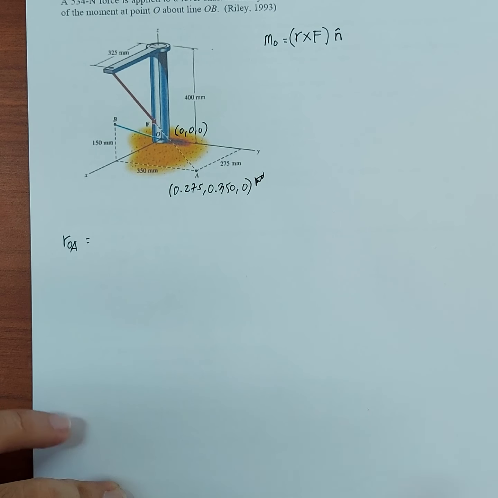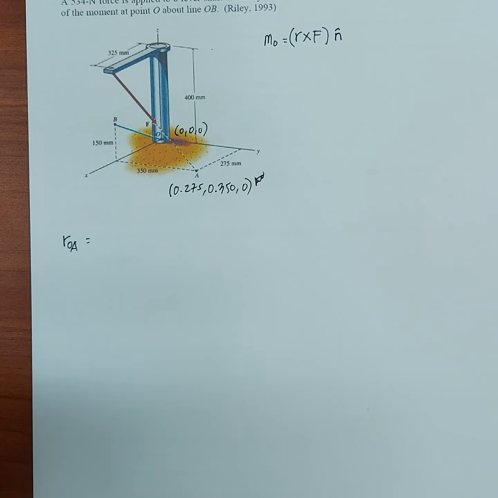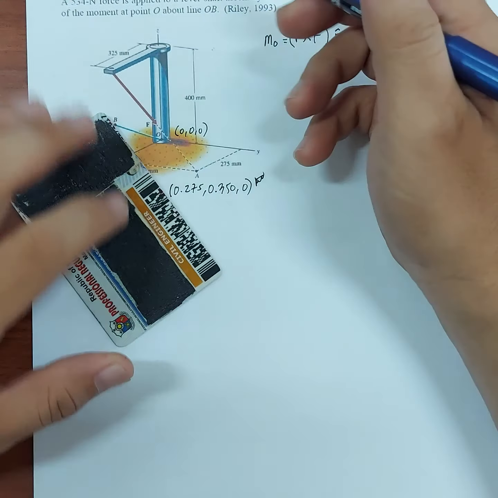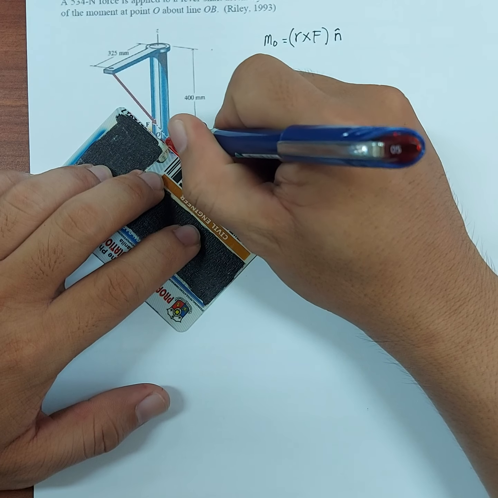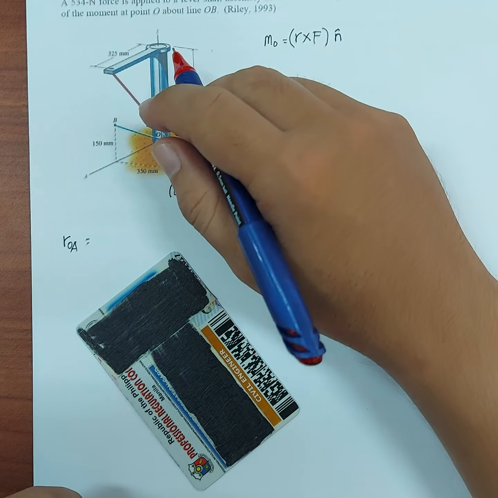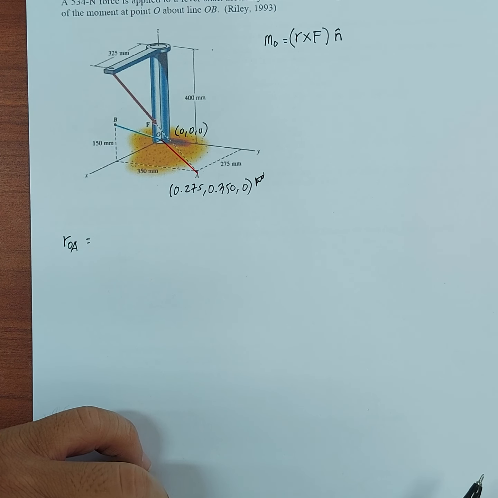Okay? So, ROA then is equal to head minus tail. Ito yung line natin from point O to any point along the line of action of F. So, this is ROA.